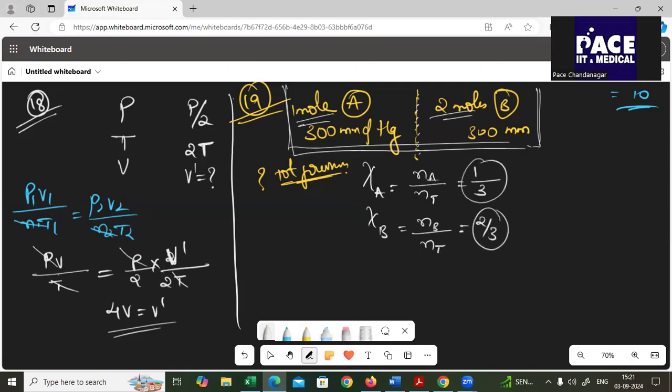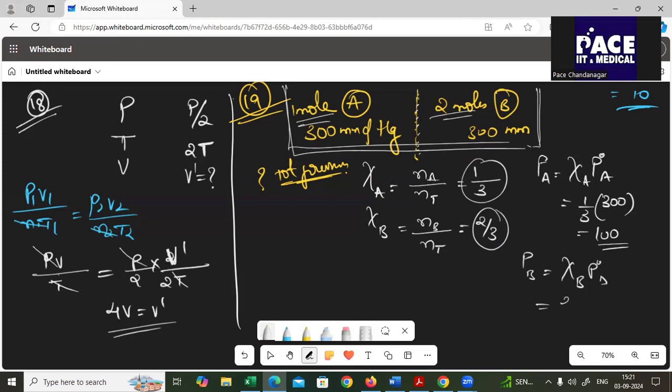Now the pressure exerted by A is Xi A times the pure pressure of A, which is 1 by 3 times 300. Similarly PB is Xi B times P naught B, 2 by 3 times 300, which is 200.